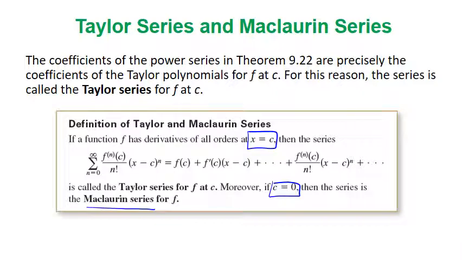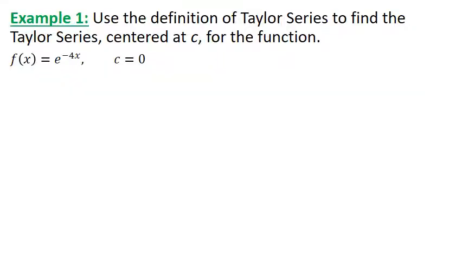So really, what this is saying is we need to find the nth derivative at c. So c could be 0, so we want to find f prime of 0, f double prime of 0, and so on and so forth. Okay, so really it is just a formula that we kind of have to get used to. So here's the first example.